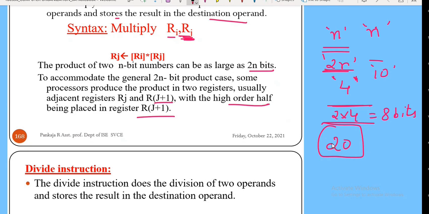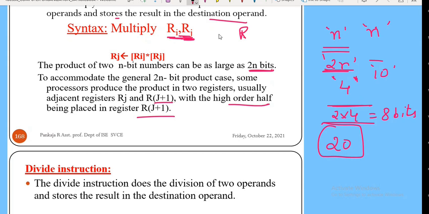That means the first 10 bits will be stored in Rj and the remaining 10 bits are stored in Rj plus 1. You will come to know how exactly it happens. For now, just remember that this multiplication operation produces 2n bits, so just storing into Rj is not possible. Then you need two registers to store the product.